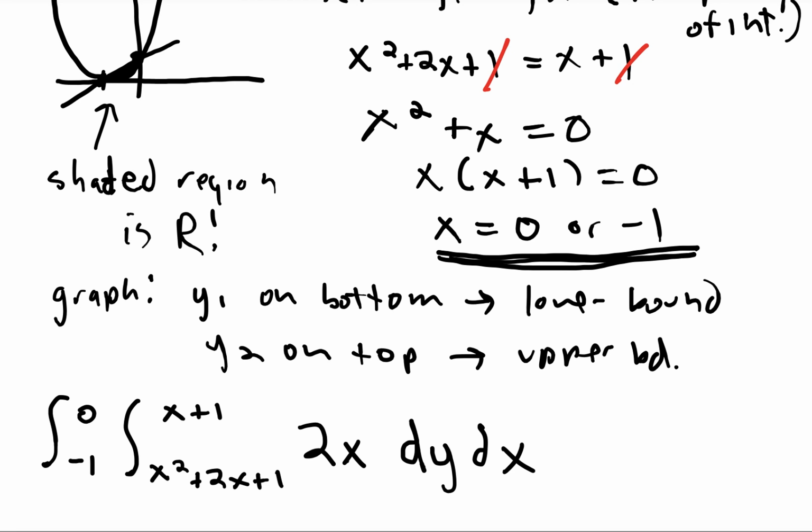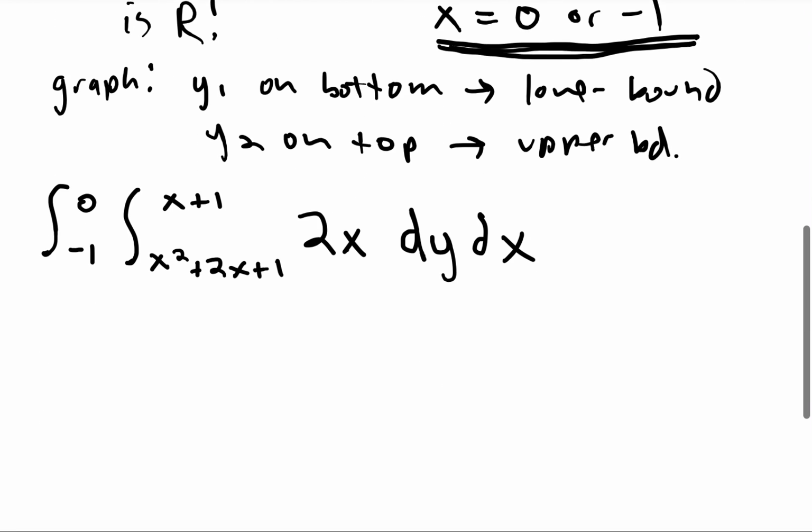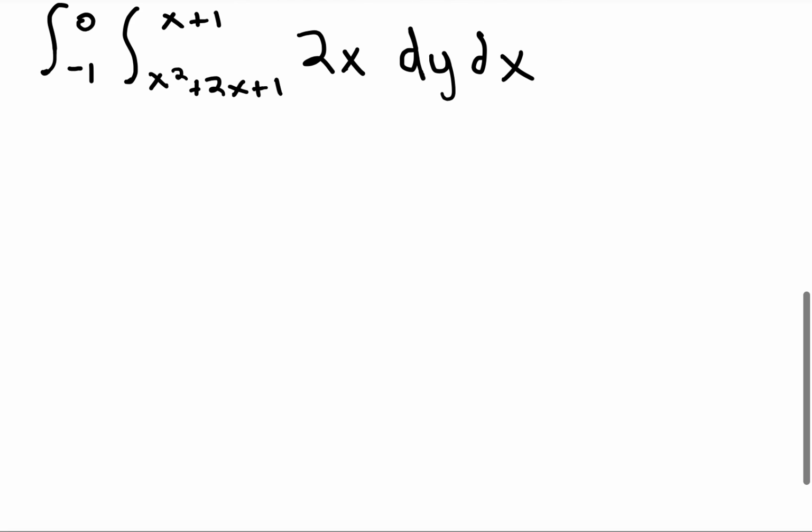Now, as far as evaluation goes, I'm going to scroll down here. We don't really need any of the other information. I want to treat this integral exactly like any other integral we've done in the previous section: we take an antiderivative, plug in the bounds, and then take another antiderivative. Totally the same thing.